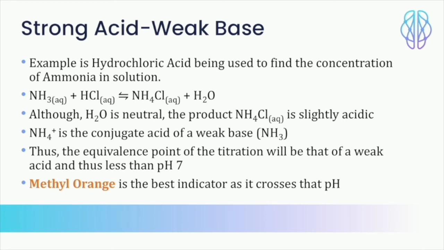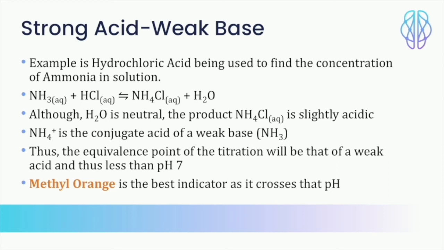So for our example of the strong acid, we're going to use hydrochloric acid. And for our example of the weak base, we're going to use ammonia, which is NH3. This will give you ammonium chloride and H2O. The main key to deciding which indicator you're going to use depends on the acidic or basic nature of the products.